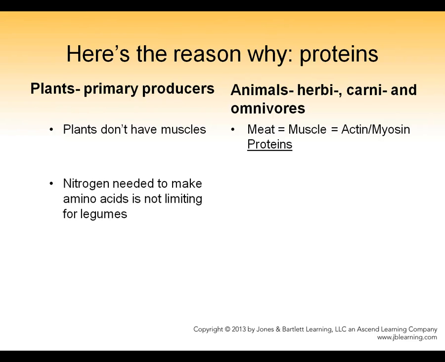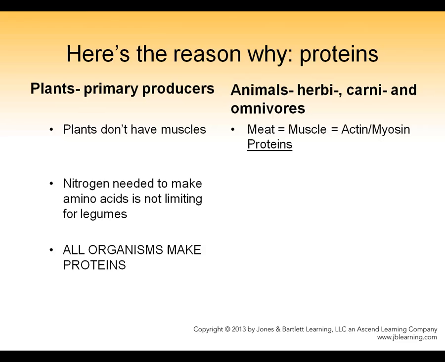That's part of the amino acid chain. So nitrogen is limiting when organisms are trying to make protein. So because legumes can make their own nitrogen for amino acids, they can make lots of it, and they do. They've adapted a way to take advantage of that. So that is why legumes have more protein in them.